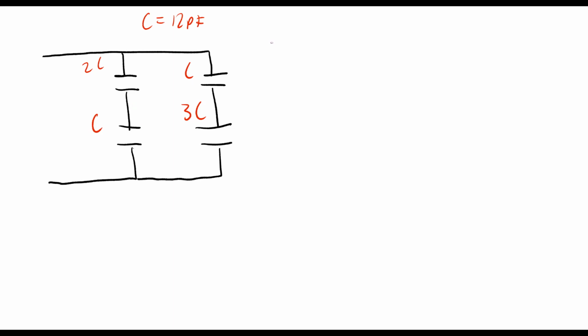But for a parallel circuit, or for a parallel capacitance, let's call that Cp, C parallel, is going to be C1 plus C2. It's the opposite of the resistance in parallel, where you have 1 over R total, which is 1 over R1 plus 1 over R2.